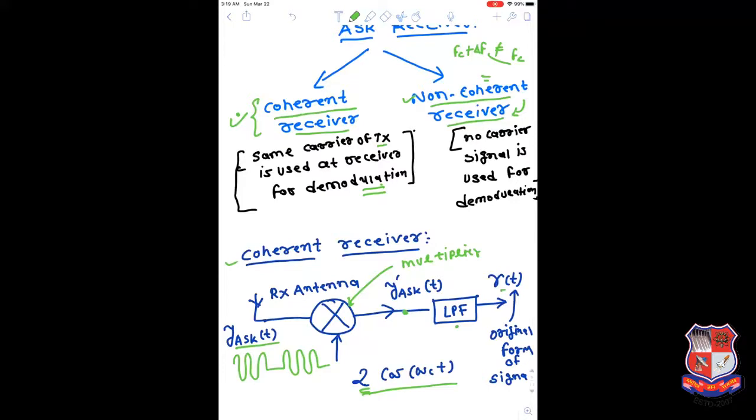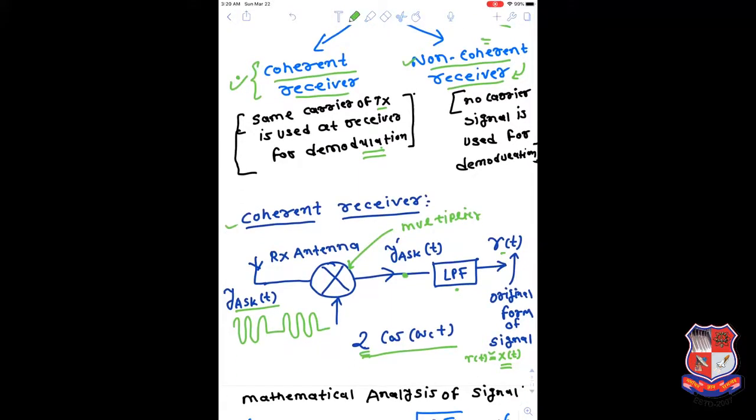So this r of t roughly approximates the x of t signal, the signal before modulation, or the baseband signal. So this signal is simply decoded here. Let's say the carrier signal is removed and we have a positive pulse, then this is decoded as a 1, and otherwise we decode the 0. In a similar way we can decode the signal.